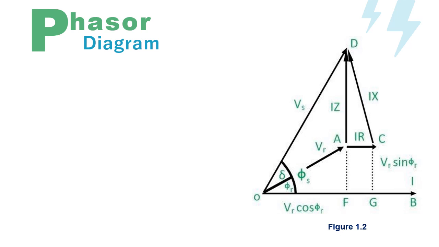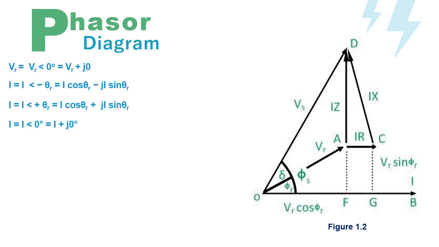Now we will take the receiving end voltage VR as the reference phasor. Then we will have the receiving end voltage equals VR angle 0, or VR plus j0. And for the current, we have three scenarios: the lagging power factor, the leading power factor, and the unity power factor.